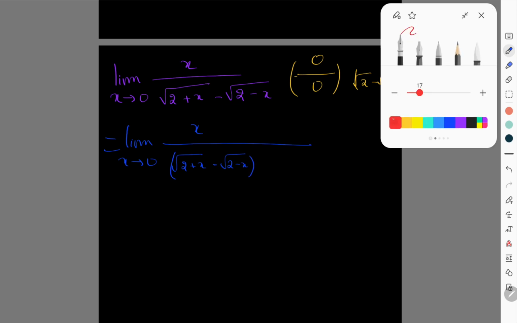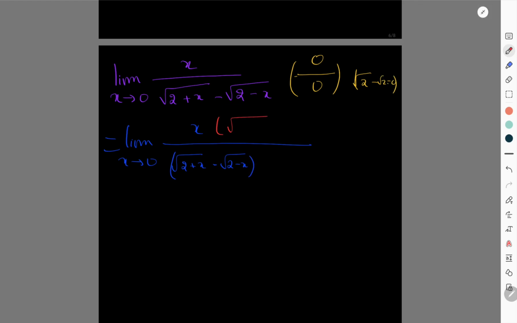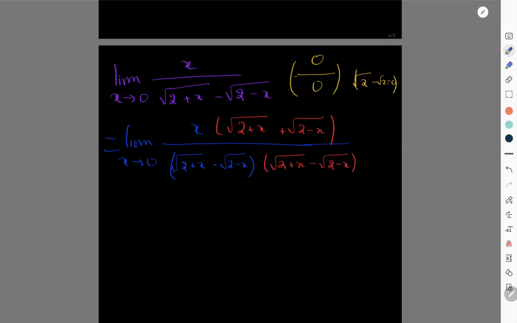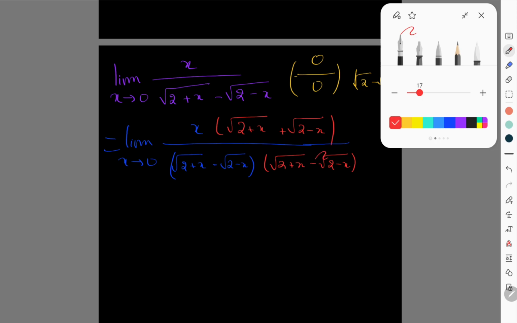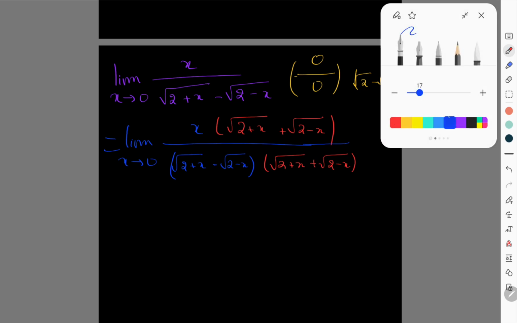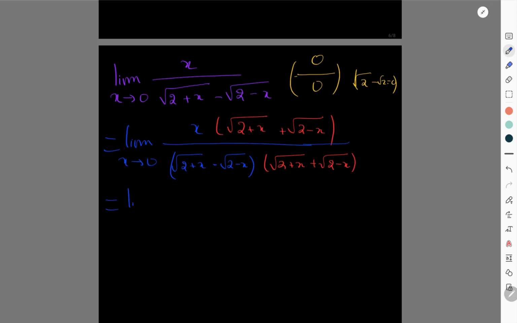Of course, this will help me immensely. And notice that the term in red, oops, I have a plus here, so no minus. The term in red will approach 2 root 2, so it won't give me any trouble. So let me do that.